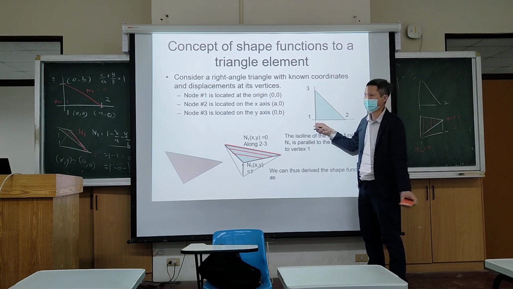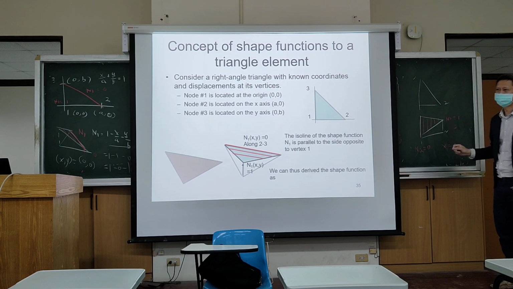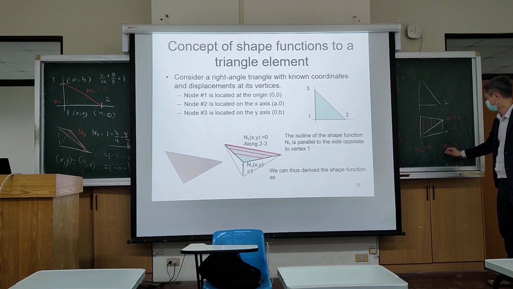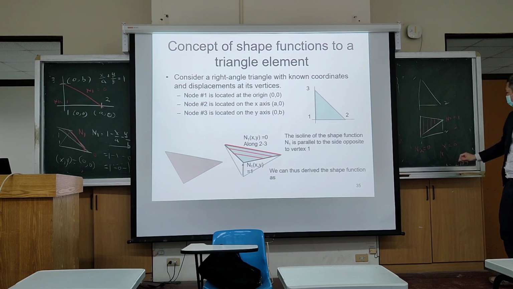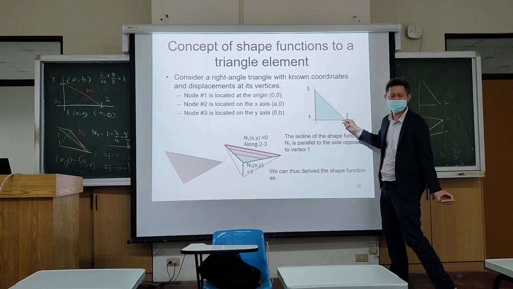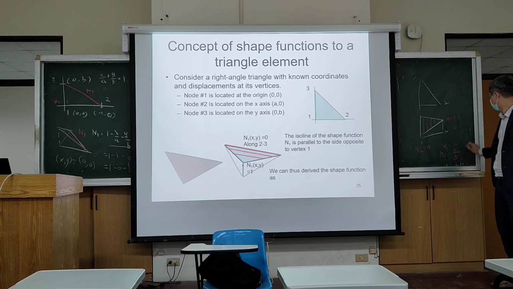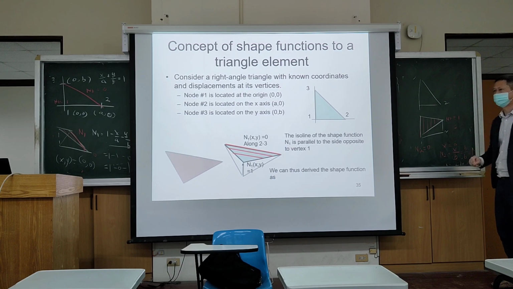This is your x equal to 0. Okay? So what is my shape function? It must be x over a. Okay? When I'm located at point A, I have the value of a over a, so this is 1.